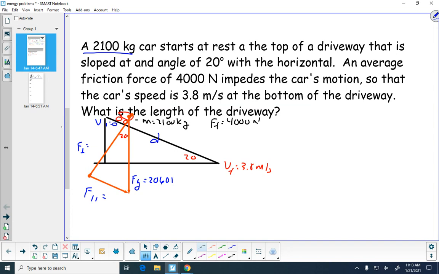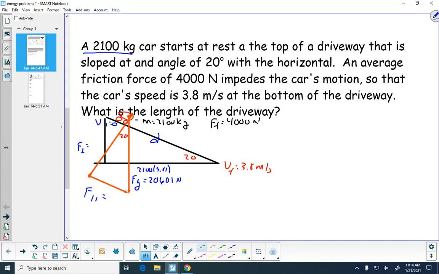Should have a force of gravity of 20,601 newtons, taking 9.81 times the 2100. Our force parallel, we're going to have to multiply our force of gravity by what, Ozzy?